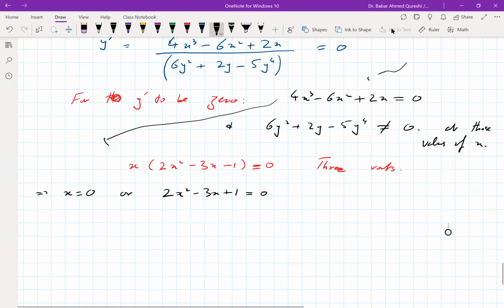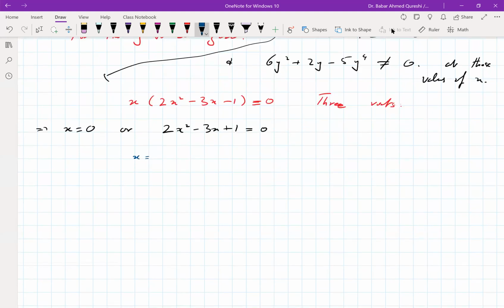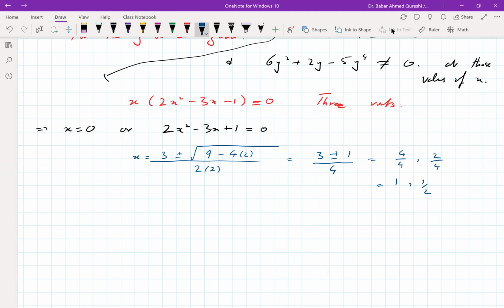So here I can use the quadratic formula. 3 plus minus the square root of 9 minus 4AC, over 2, plus minus 1 over 4. So it's 4 over 4 or 2 over 4. So 1 or half. So I see that I need these values.